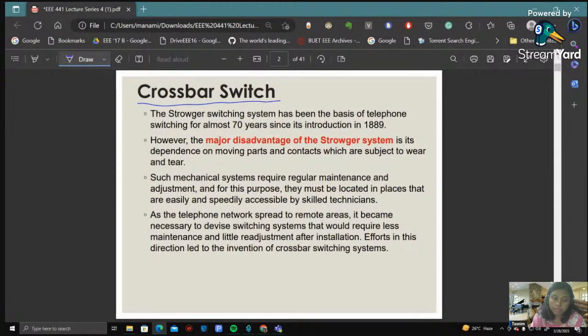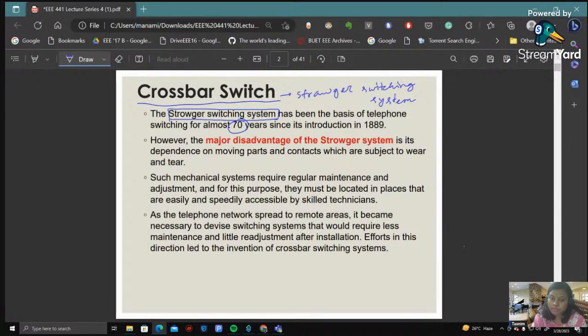So, crossbar switching. The Strowger switching system, which I guess is the older counterpart of the crossbar switching system, has been the basis of telephone switching for almost 70 years since its introduction in 1889.